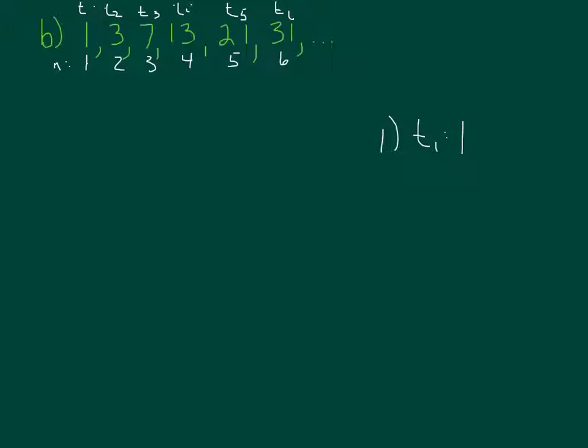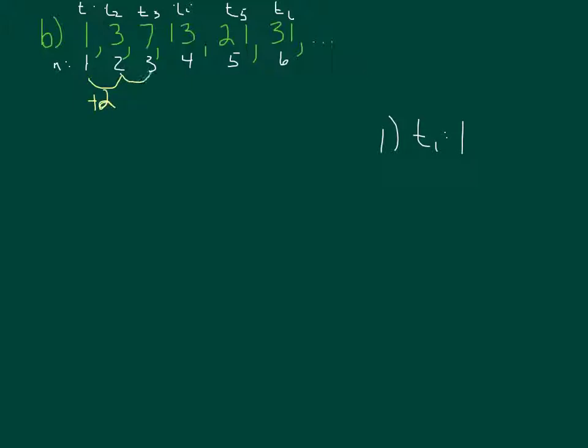But now, how do you get from one term to the next? And this is where it gets saucy. So what I start doing is I look for patterns, guys. Help me find a pattern. To get from 1 to 3, you add 2.